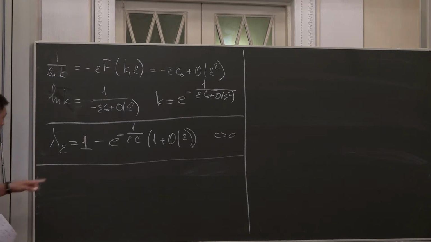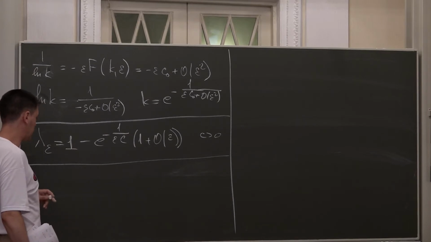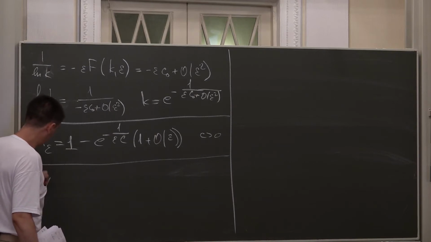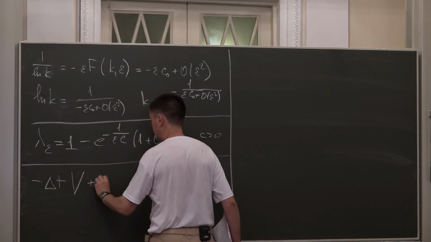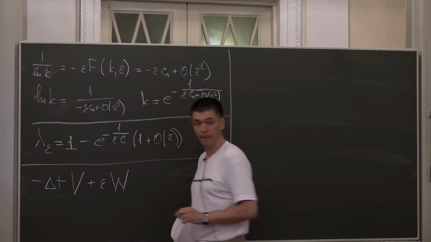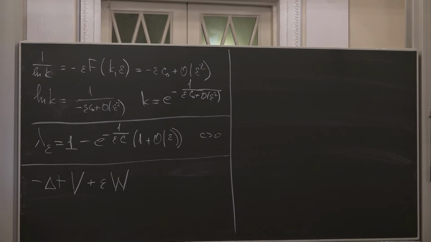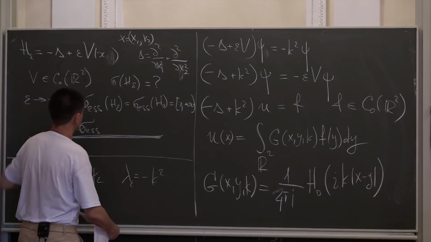However, this is not the only possible situation which can happen in 2-dimensional case. And in order to show what else can happen, actually we can think about such model. We can say take some potential plus epsilon double V. So before, when epsilon was 0, it was just a Laplacian.